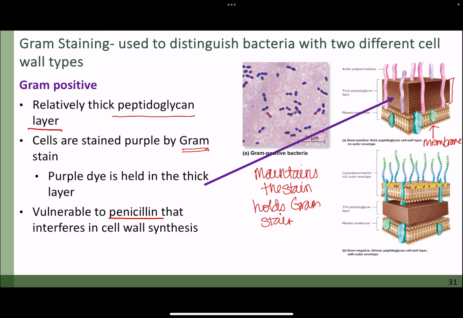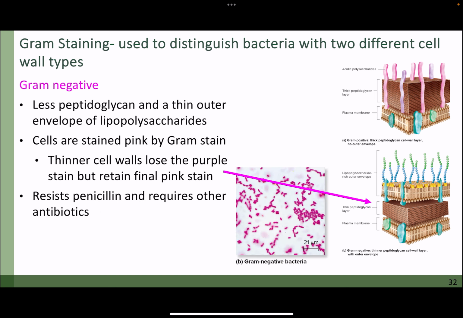Penicillin is an antibiotic that kills bacterial cells, and it works by interfering with cell wall synthesis. If the bacteria can't establish their cell wall, then they're not going to survive. During our lab for this chapter, you are going to do this gram stain, and you are going to identify whether your bacteria are gram-positive with this really thick peptidoglycan wall, or if they are gram-negative. Gram-negative is the other option.